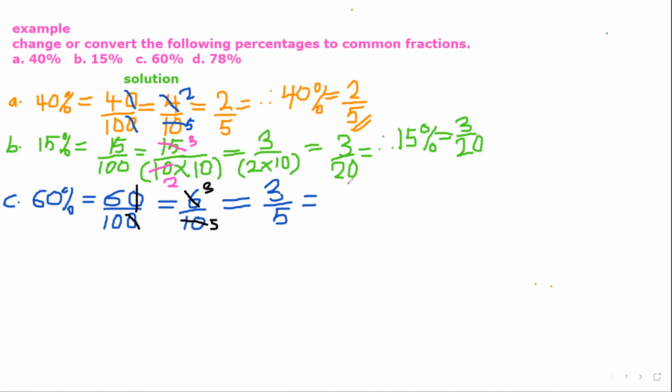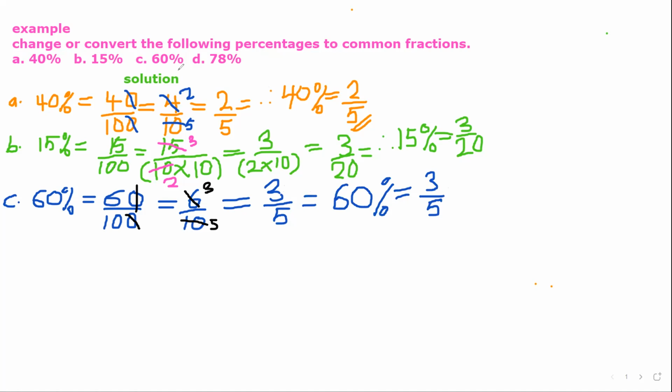Therefore, 60%, when you change to a common fraction, is 3/5. Okay, good. It's 3/5.